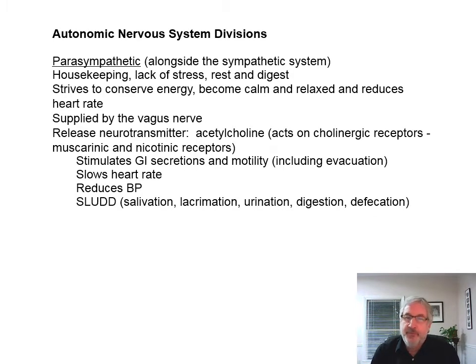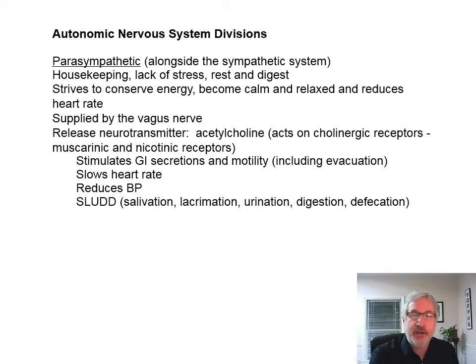Parasympathetic division. Sympathetic means in connection with or in sympathy with, in a sense. Parasympathetic means alongside the sympathetic system. It's really housekeeping. So your lack of stress, your rest and digest system, you conserve energy, you become calm and relaxed. It reduces your heart rate. Supplied by the vagus nerve, releases a neurotransmitter called acetylcholine.